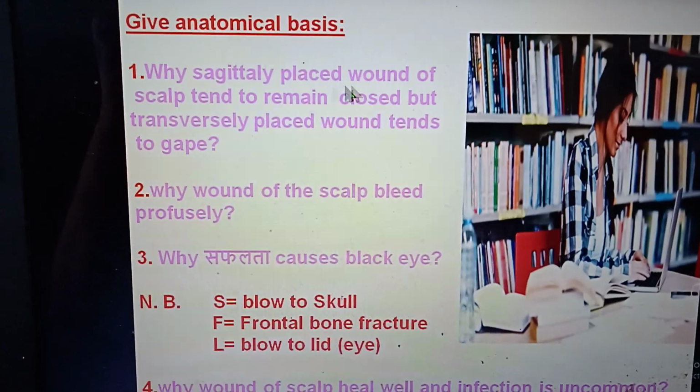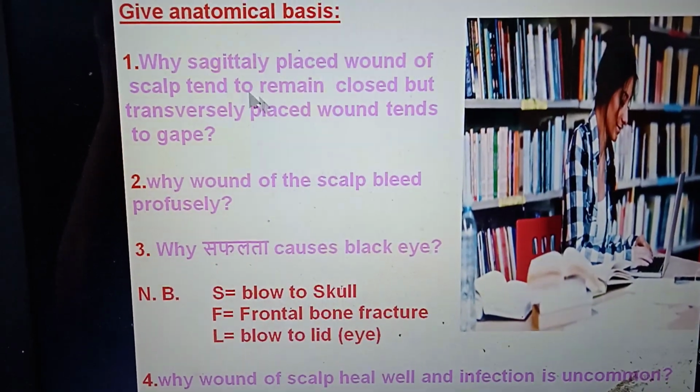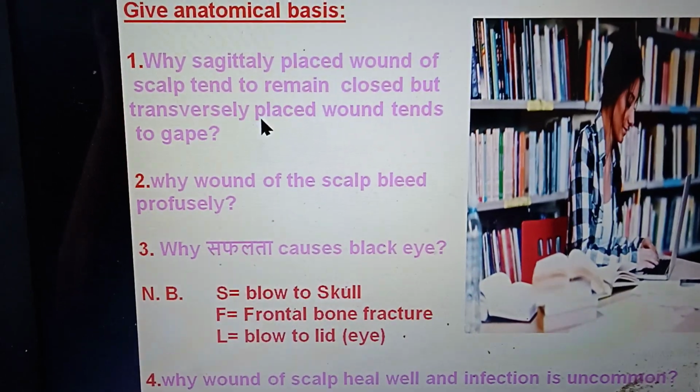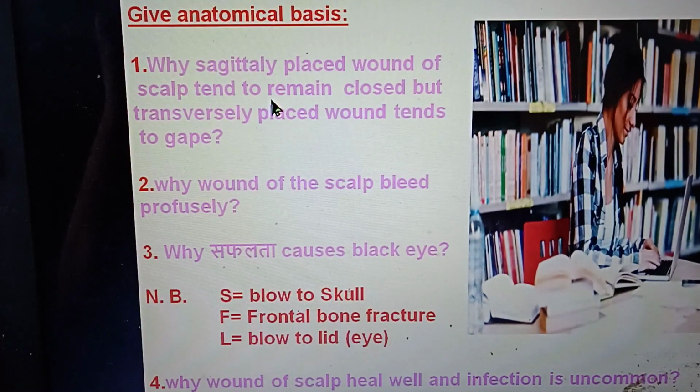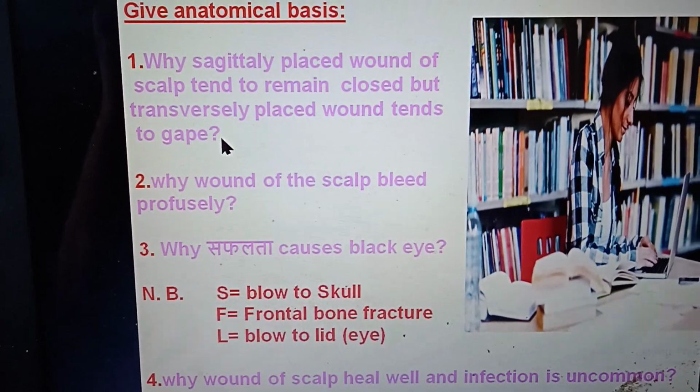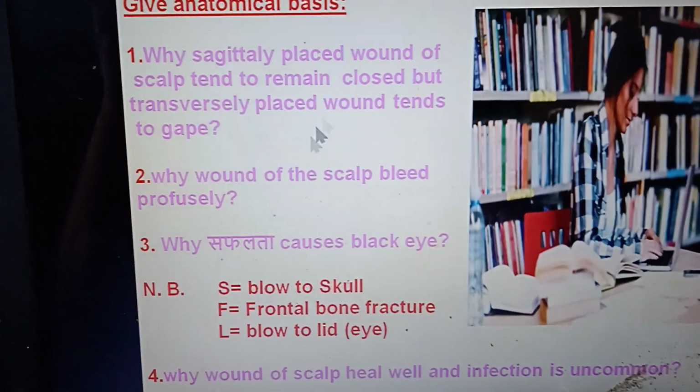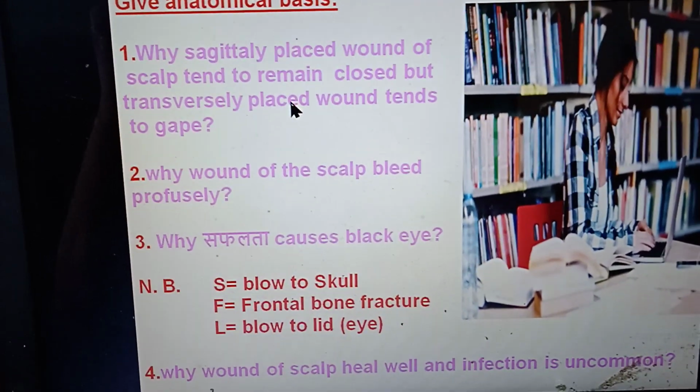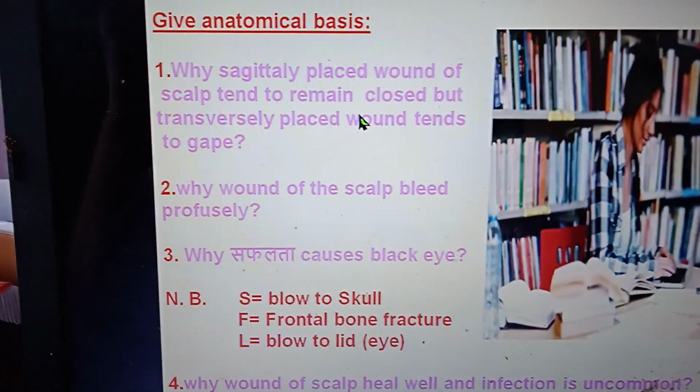So if any sagittally placed wound, the fibers will approximate with each other. It will remain closed. But transversely placed wound cuts the fibers at 90 degrees, so that will gape. This is the anatomical basis.